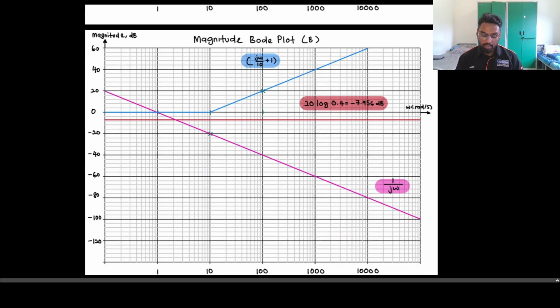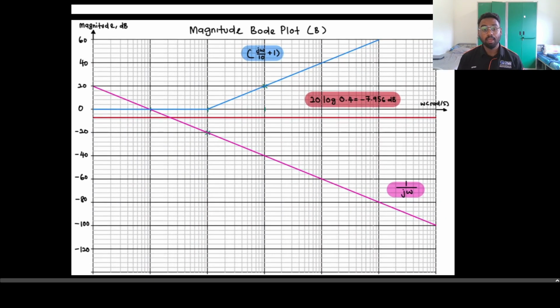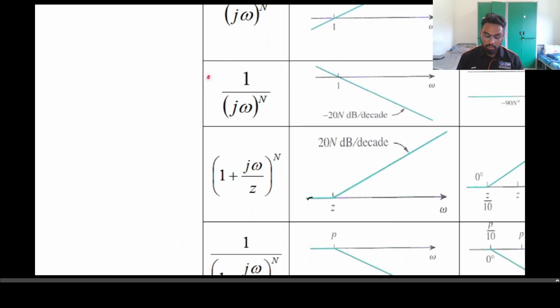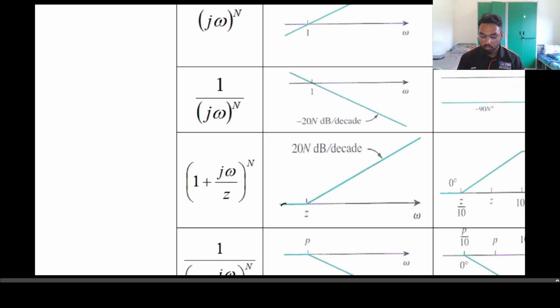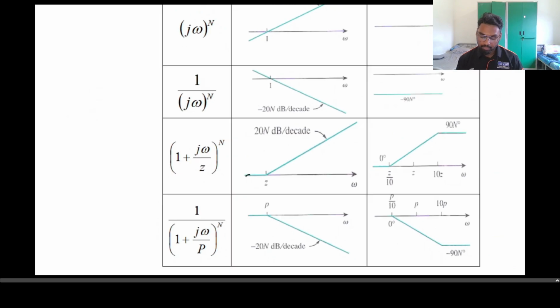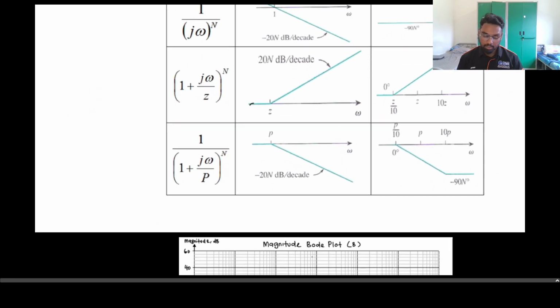For the third line, we have already entered the pole part, which is the denominator of the equation. We have a pole at origin, which we will compare with the table, which is 1 over jw, and we will have a decrement across 1, which is negative 20 dB per decade.